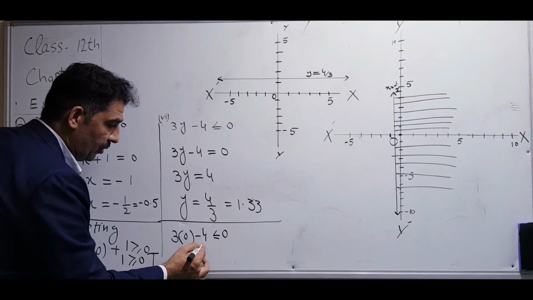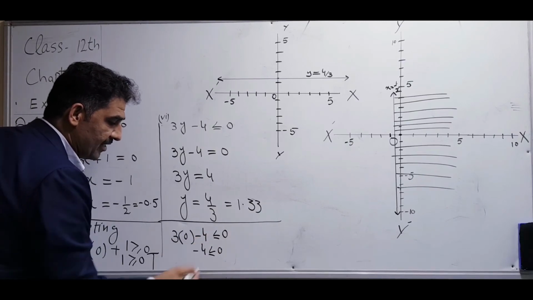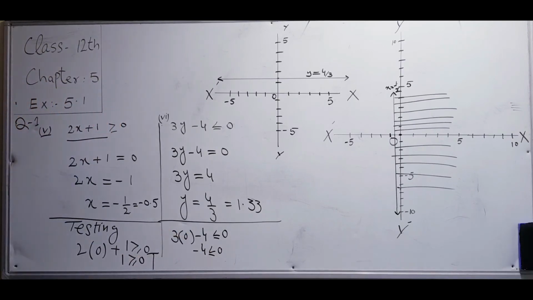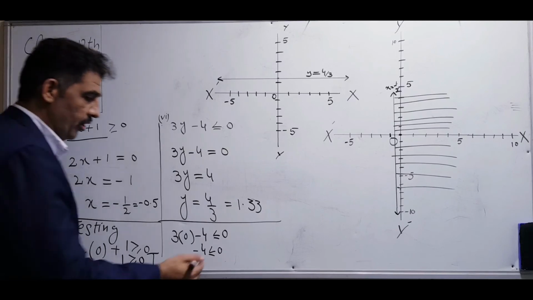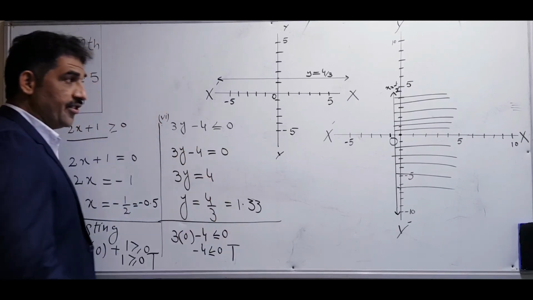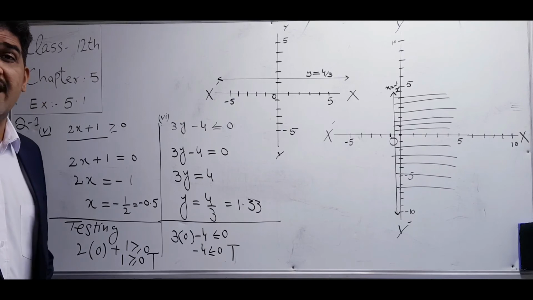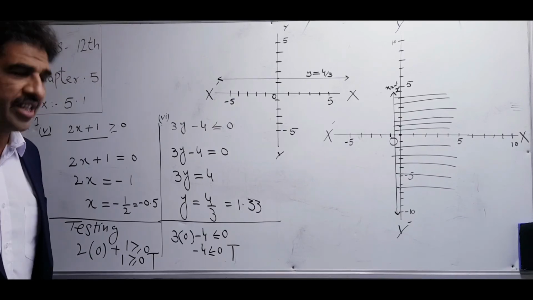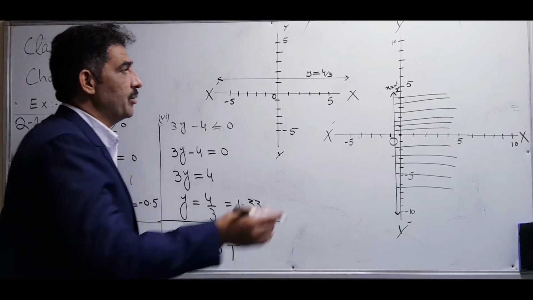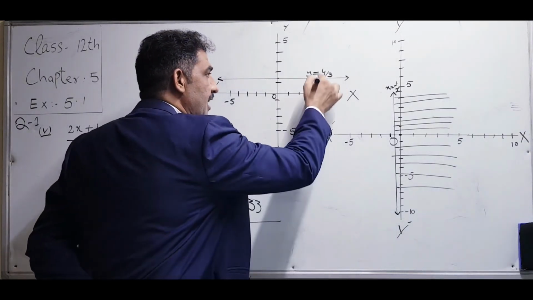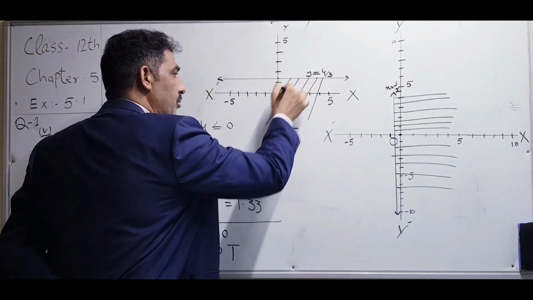So minus 4 is less than 0. Is this true or false? True. Good. If it's true, which portion do we have to shade? The origin side. Good. So the origin side is this one, so we have to shade it.